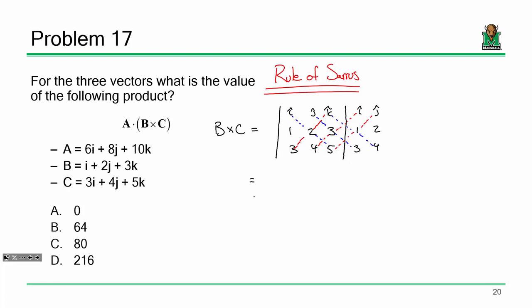So for your i terms, what do we have? We've got 2 times 5, which is 10, and then 3 times 4, which is 12. Y'all see that? So 2 times 5 is 10, 3 times 4 is 12. So that's going to give us minus 2i.